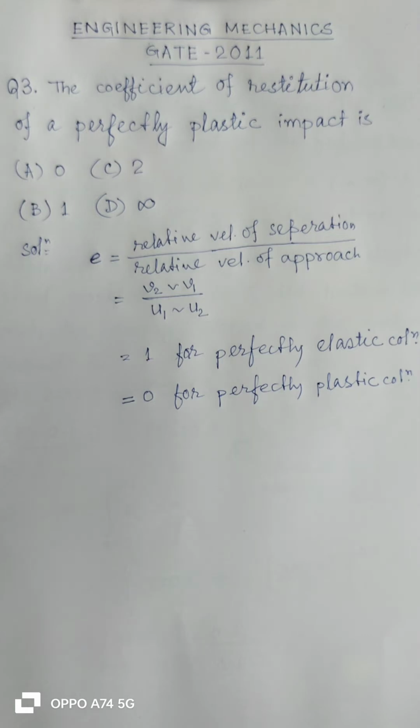So if a part of clay, we throw a part of clay to a resting wall, rigid wall, it will stick to the wall. It cannot regain its energy, its velocity after collision. So after collision, the mutual velocity is 0, relative velocity is 0.